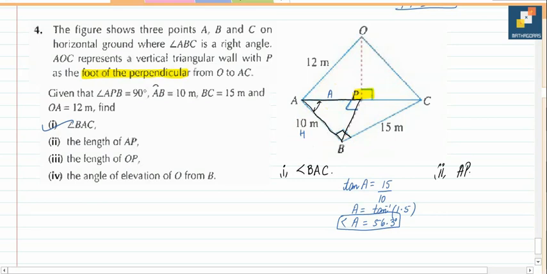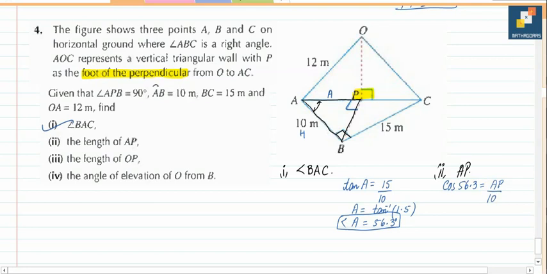So adjacent and hypotenuse, that means you need to apply cos. It will be cos 56.3 is equal to adjacent, AP, that is unknown, divided by hypotenuse, that is 10.